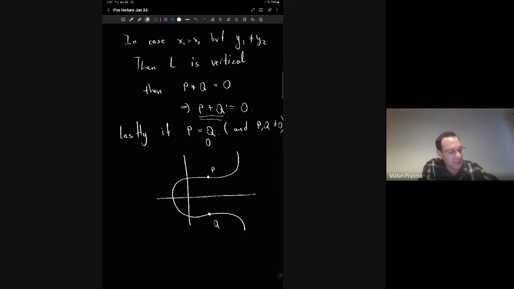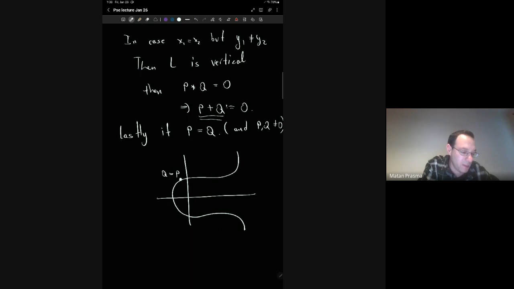So this is the case we had before, and now maybe I need to choose another point for the drawing. Now I want to add a point to itself. In cryptography, people call this doubling a point.